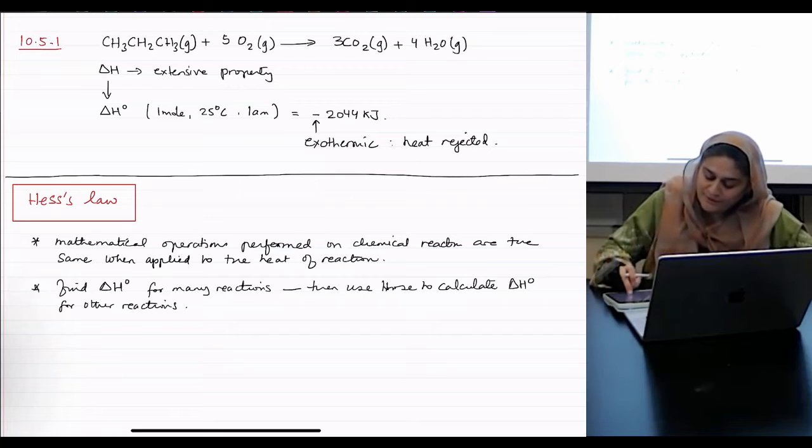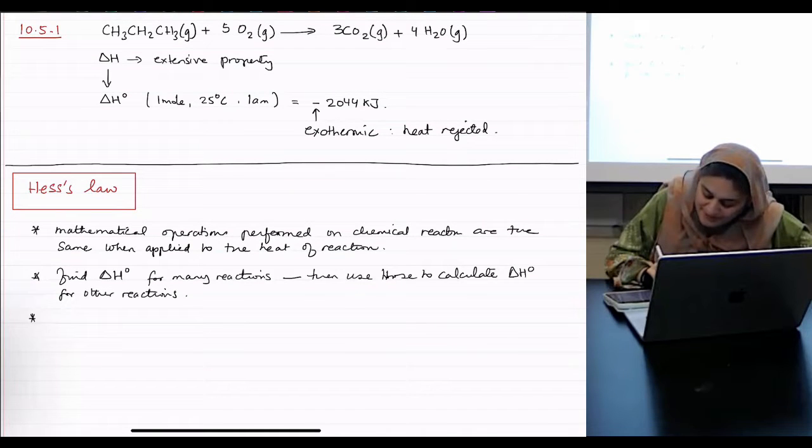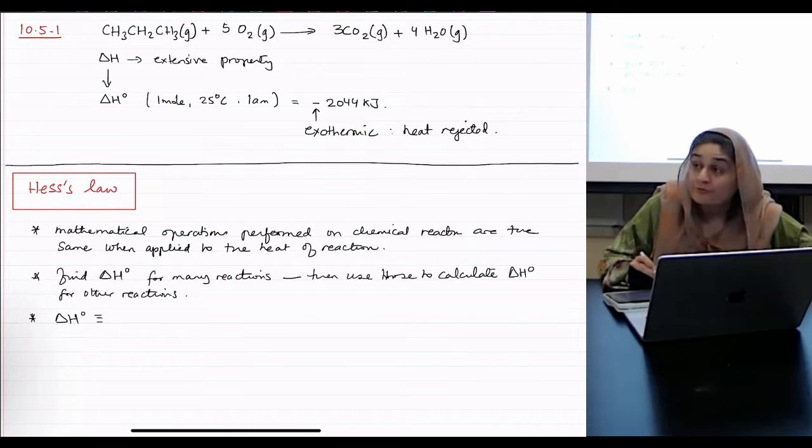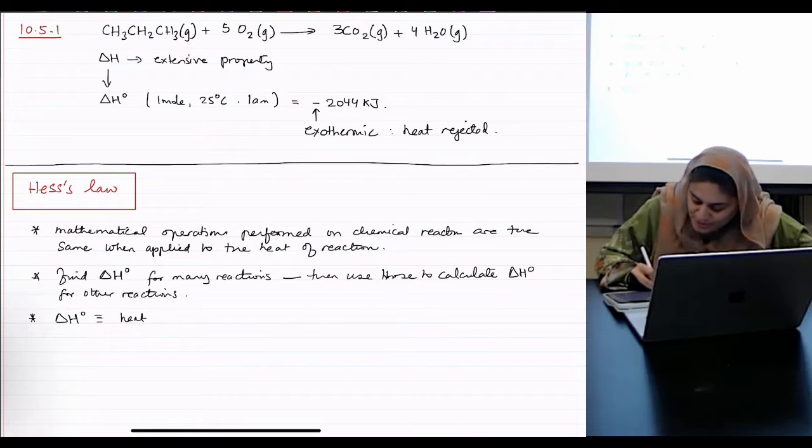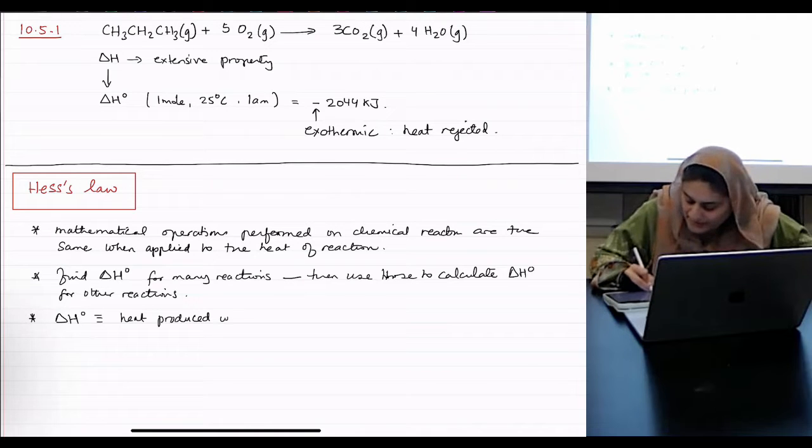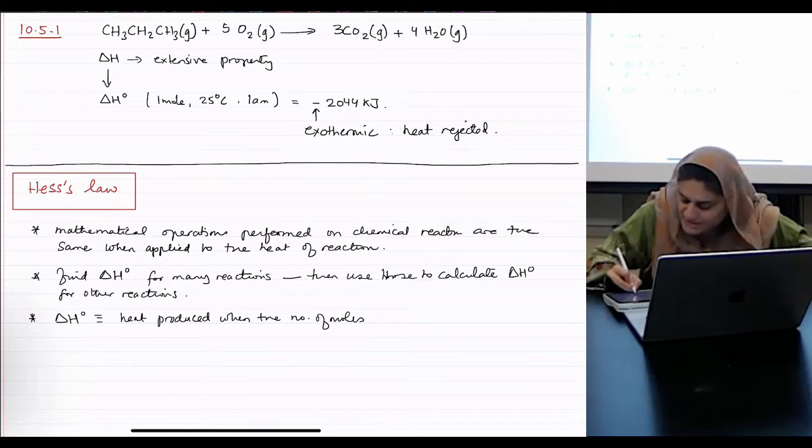Okay, and before I do that, I have to define what delta H is. So delta H is defined, for chemical thermodynamics, as the heat produced when the number of moles specified in the balanced equation.